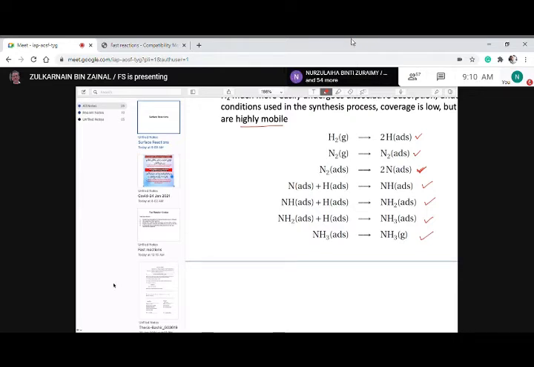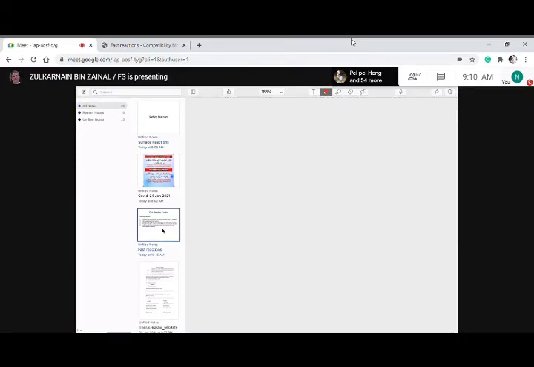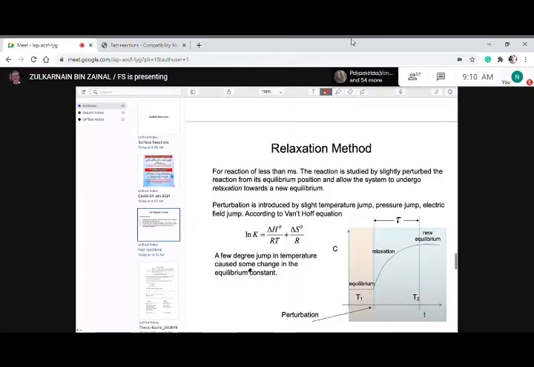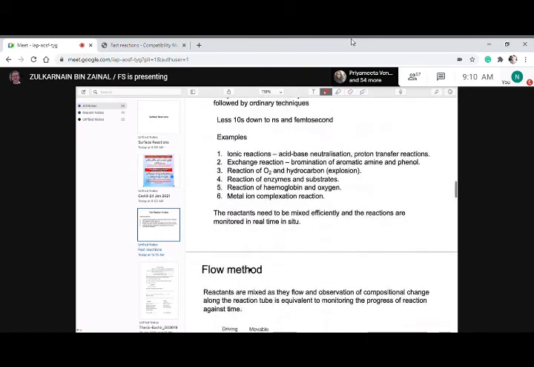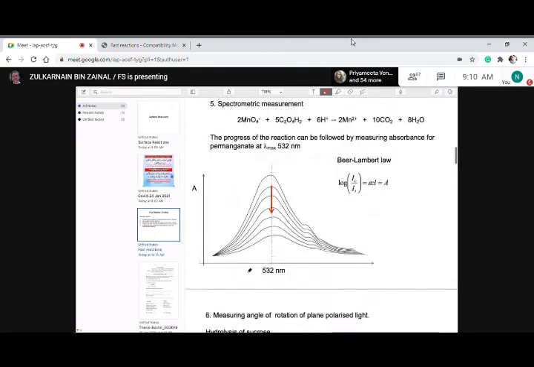So this few minutes break will also be good for you to drink some water and do some stretching before we move on to another part, which is fast reaction. Okay, Prof. Okay, just stop for a while.